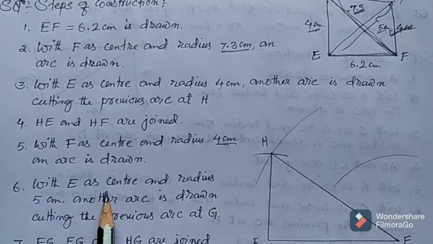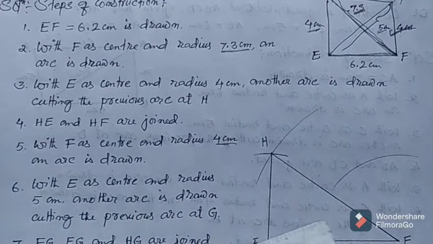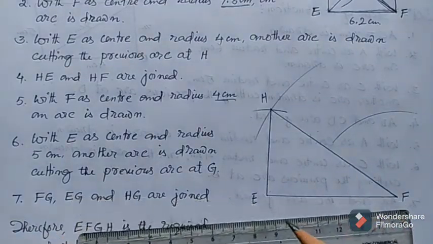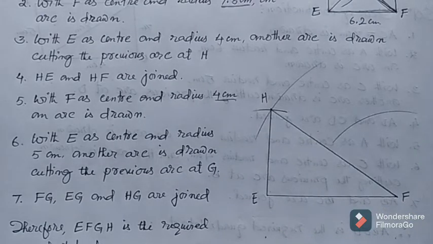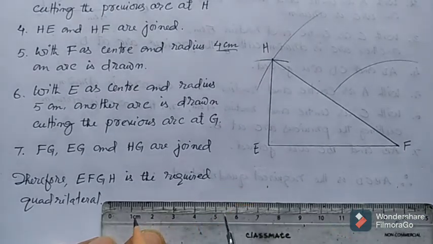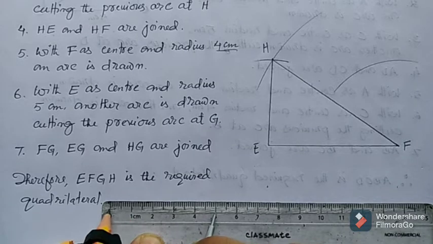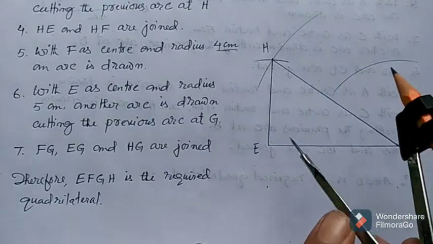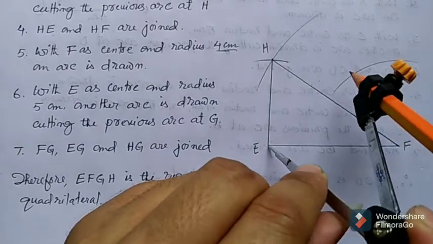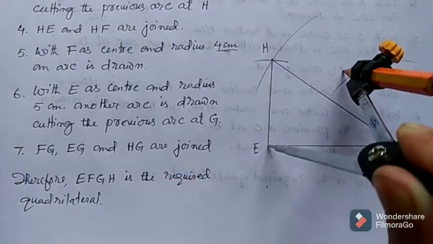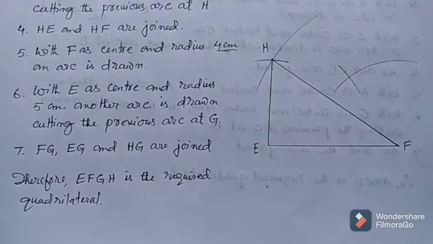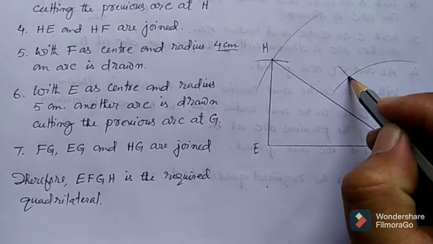With E as center and radius 5 cm, another arc is drawn cutting the previous arc at G. So let's measure an arc whose radius is 5 cm. Taking E as center, we cut the first arc at one point, and the point of intersection of the two arcs is G.